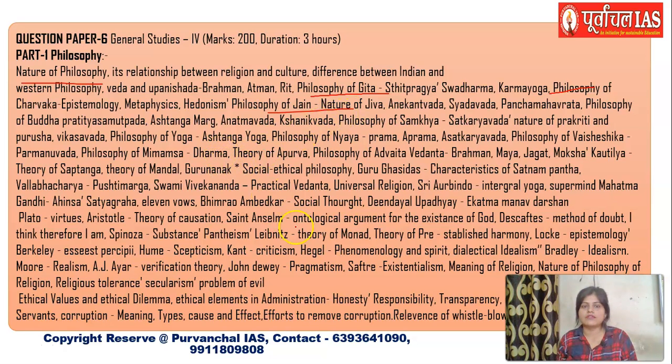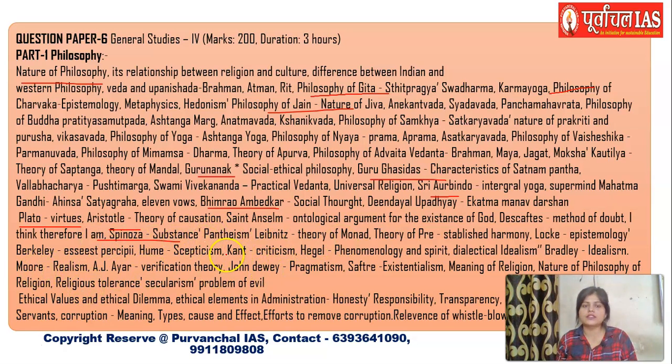And then we have philosophers from Indian and also Western, like you have Guru Nanak here. You have Guru Ghasidas also here, Sri Aurobindo Ghosh, you have Bhimrao Ambedkar. And when talking about Western philosophers, you have Plato, you have Aristotle, you have Spinoza, and you have many more.